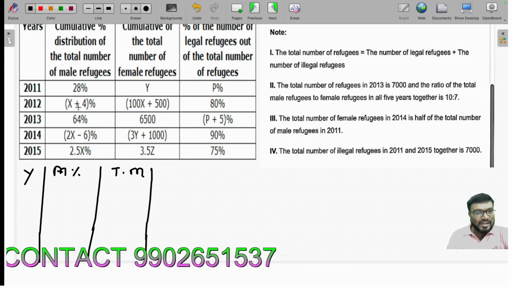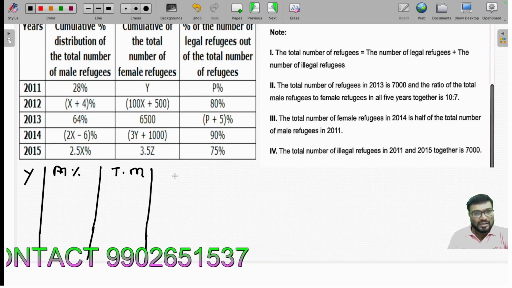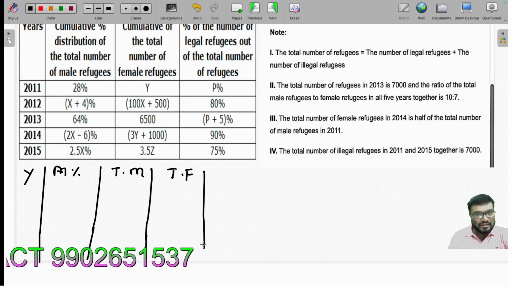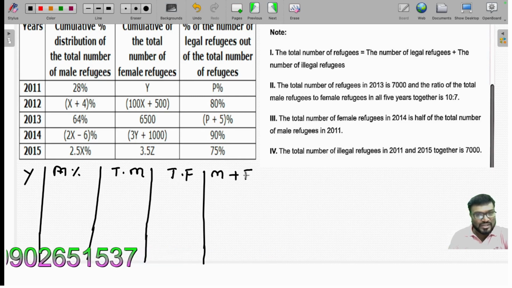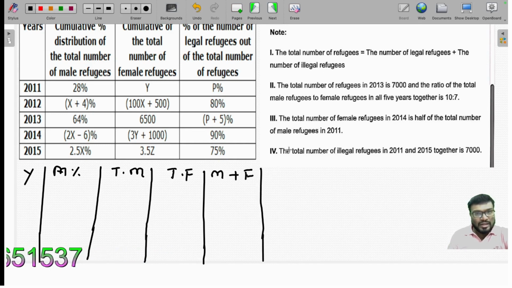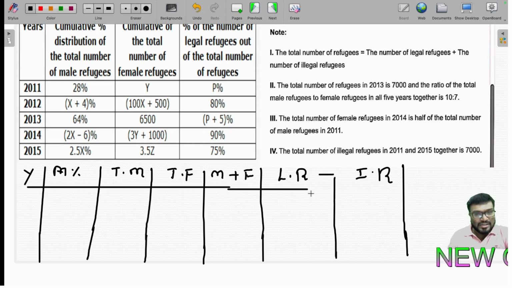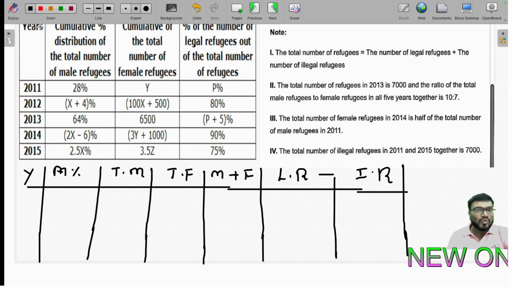Cumulative means here I can substitute, and I will get the male percentage. Then here I have total females. Male plus females is total members, that is refugees. Then we have legal refugees plus illegal refugees, that is the total. We can get this data from this DI. First we have to solve each and every variable, then we can solve questions easily.